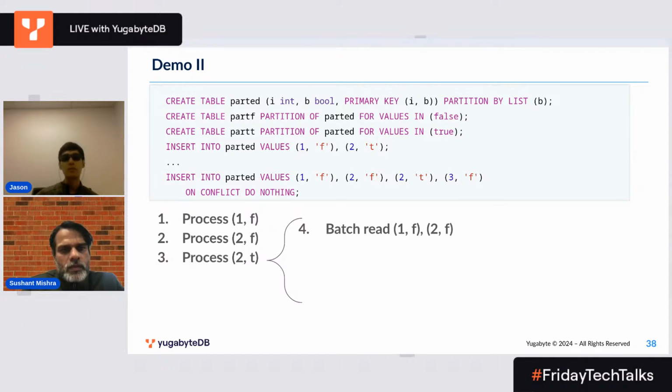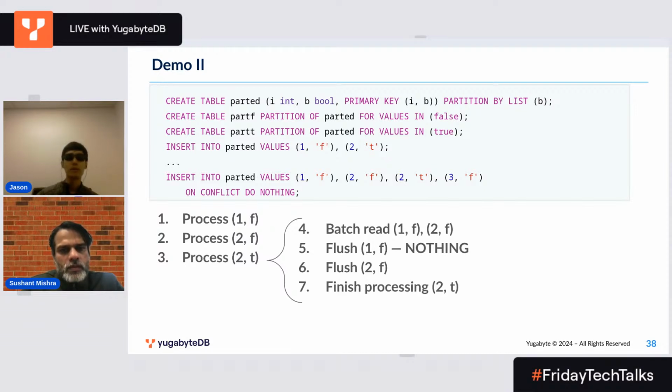So this means we do the batch reading of what we had so far, and then we flush each of them one by one. The first one takes the nothing action because 1F already exists. The second one takes the insert action. And then we can finally finish processing this 2T since we're done with the first 2 values.